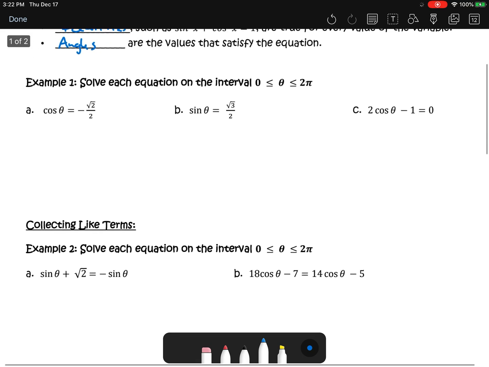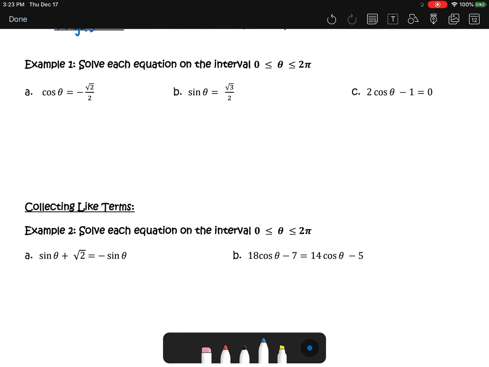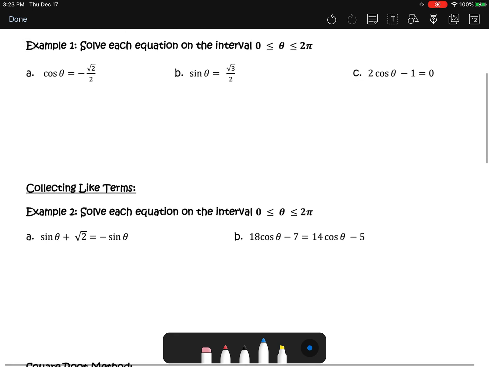So on example 1, we're going to solve each equation on the interval from 0 to 2 pi. So this is one time around the circle. So everything we've talked about so far is in play when it comes to trigonometry. So the first thing we're going to do is say, all right, how do we solve this? Well, how do you undo cosine?